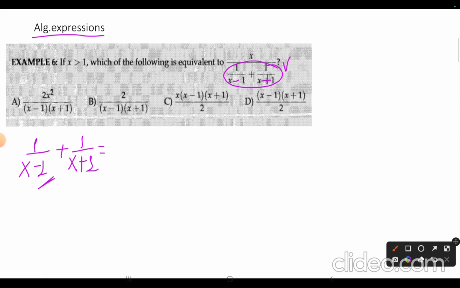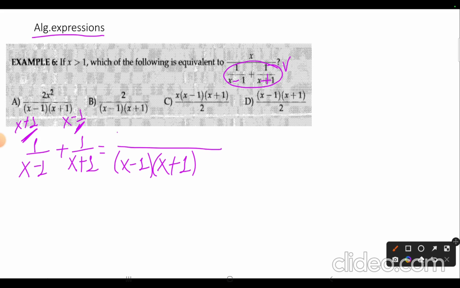We have different denominators. To make a common denominator, we just multiply them. Then we divide all this denominator by x minus 1, and here should be multiplied by x plus 1. Then we take all this denominator, we divide by x plus 1, and this should be multiplied by x minus 1.